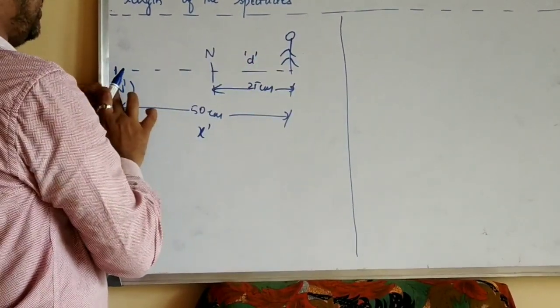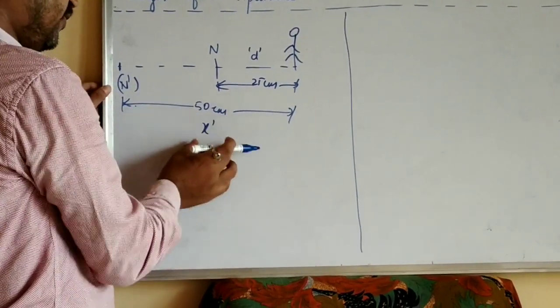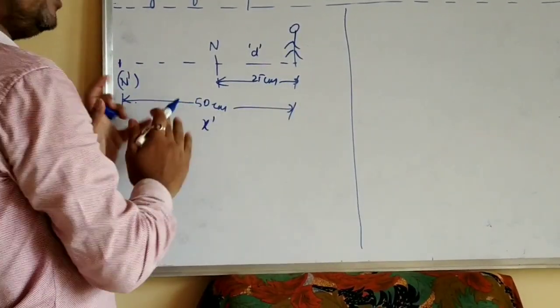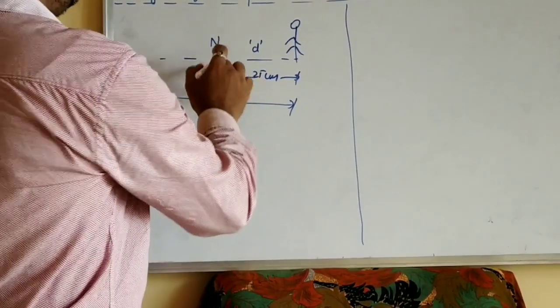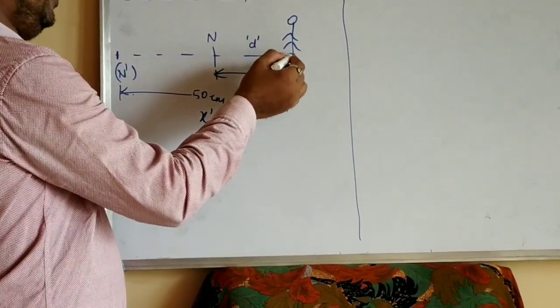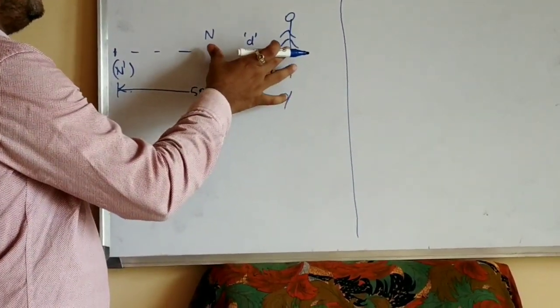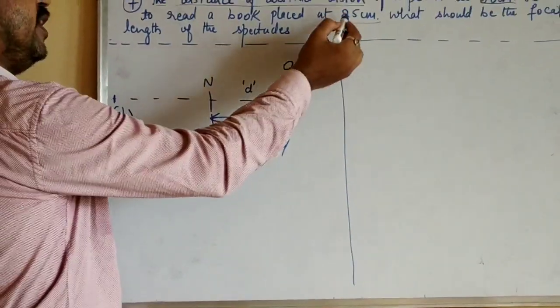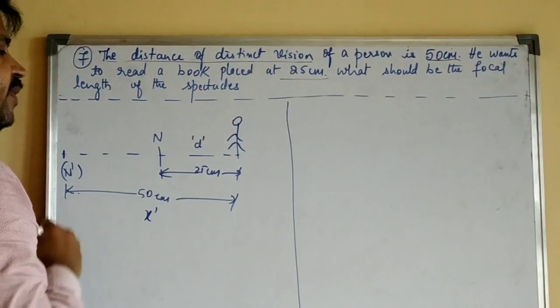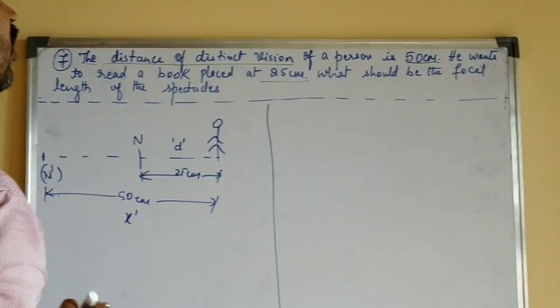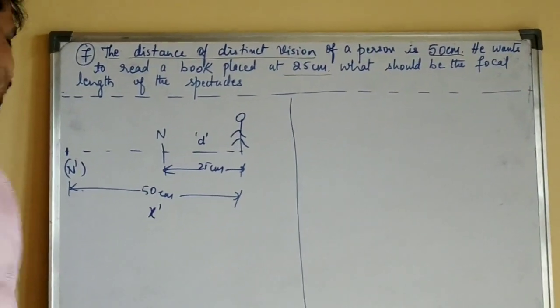So that's why it is N dash and it is 50 centimeters. X dash is always greater, right? Now the normal eye can have the least distance of distinct vision, that is 25 centimeters. Now we have to find out what should be the focal length of the spectacles.